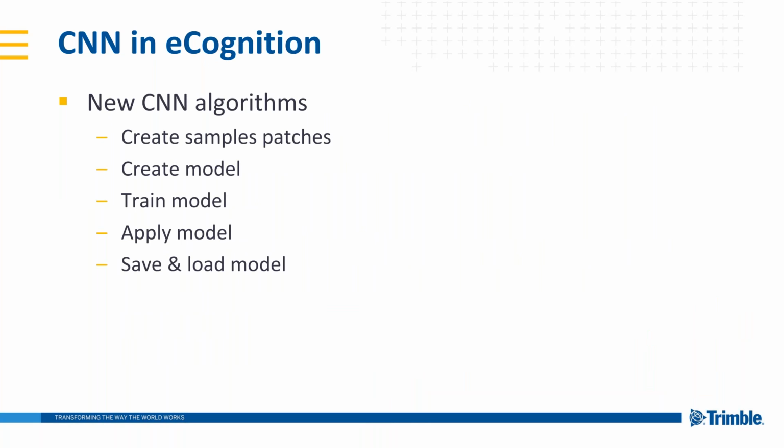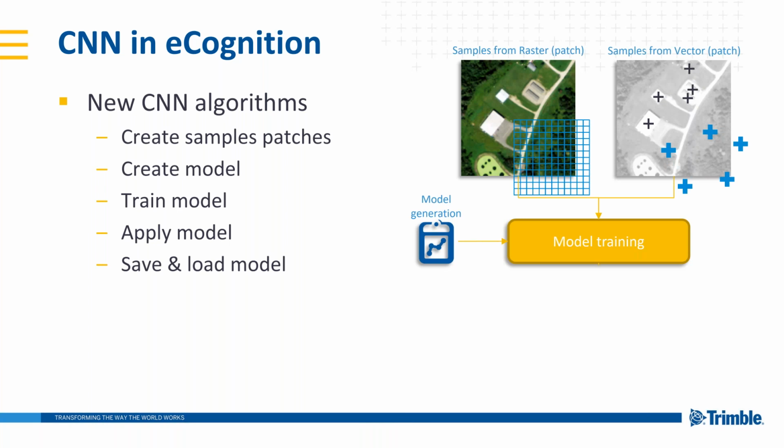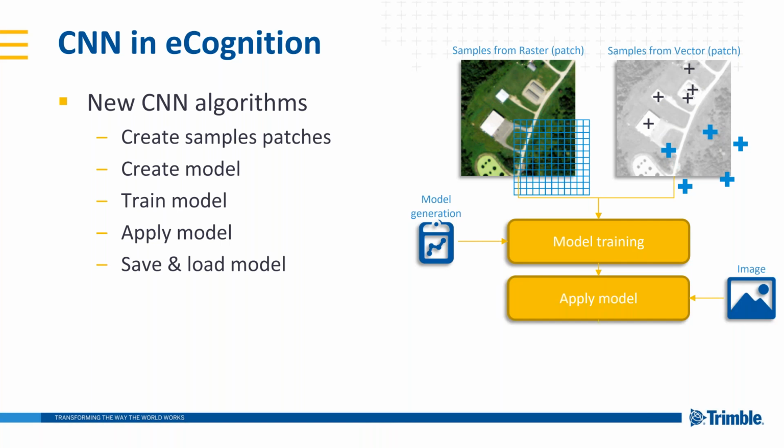Within eCognition, again, nothing's changed here. We're still driven by algorithms in developers, so several CNN algorithms have been added now to your software. For example, there are algorithms to automate the generation of sample patches.